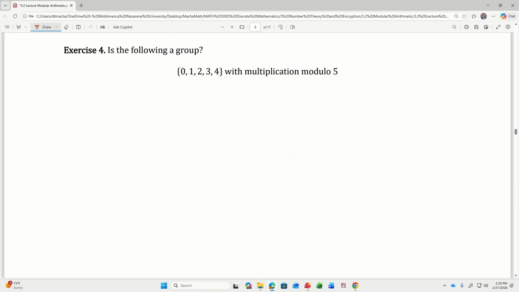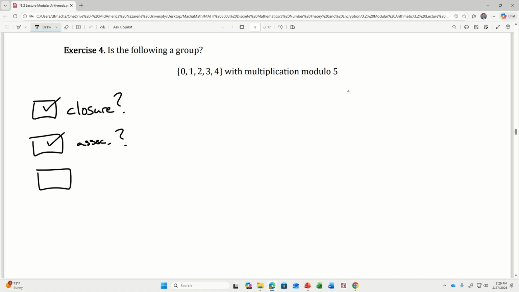Is the following a group? 0, 1, 2, 3, 4 with multiplication modulo 5. Does it have closure? Yes. It has associativity. Don't worry about that. Does it have identity? Yes, it's the number 1. Does it have inverses?